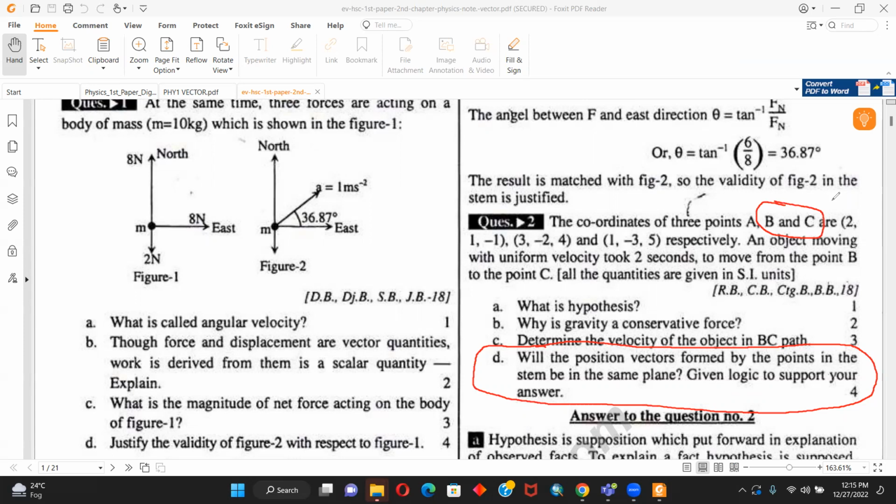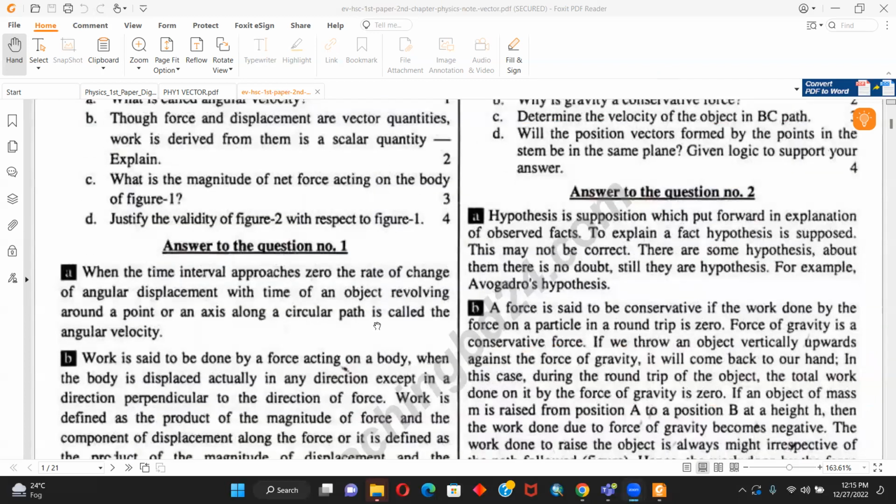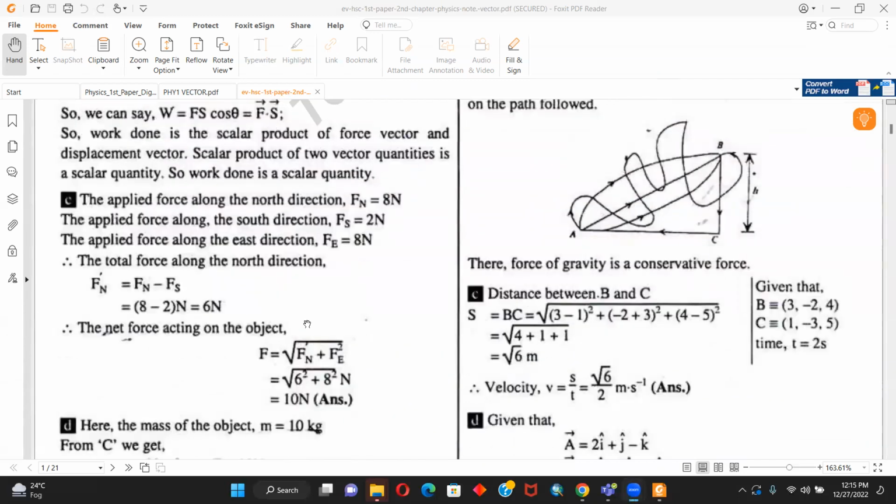If this value is 0, that means they lie in the same plane. But if it is not equal to 0, then they don't lie in the same plane. You will study this in the mathematics portion, but they have already given this in the physics portion as well.